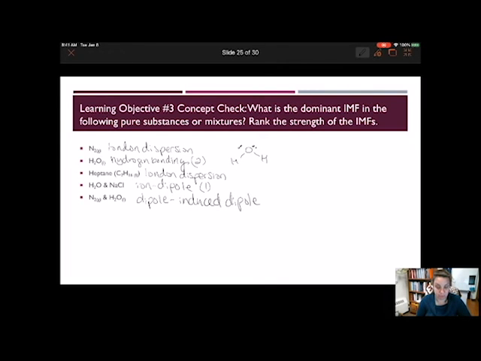So as far as dispersion forces go, our strongest one is going to be dipole-induced dipole. And then we have the 2 that are just induced dipole, where heptane, since it's larger, will have stronger intermolecular forces versus N2, which is much smaller.